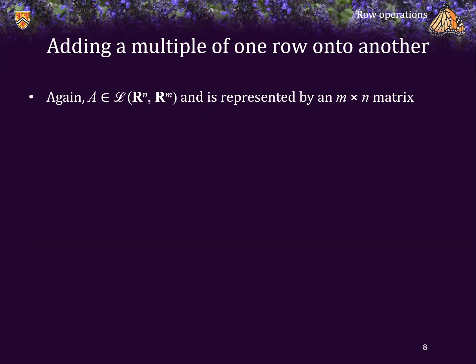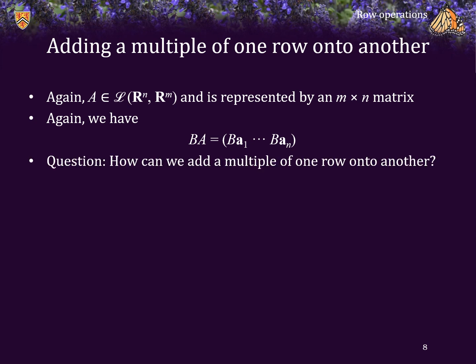Again, let A be a linear map mapping Rn to Rm, and this is being represented by an m by n matrix. How can we add a multiple of one row of this matrix onto another? Again, we have that B times A is simply B multiplied by each of the column vectors of the matrix of A. So the question is, how do we add a multiple of one row onto another?